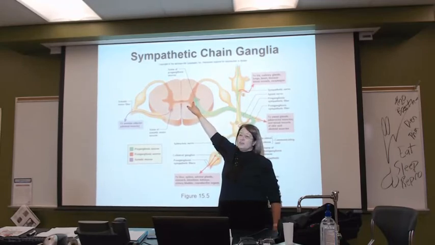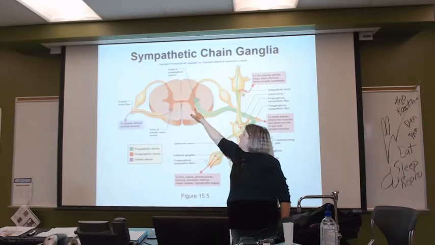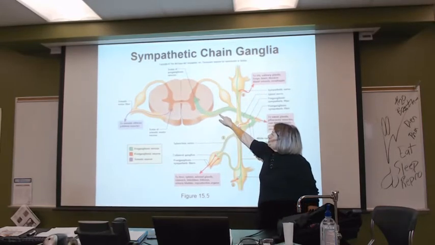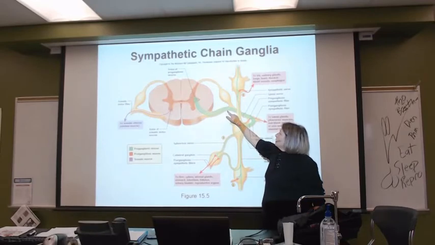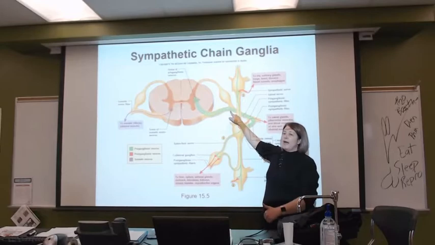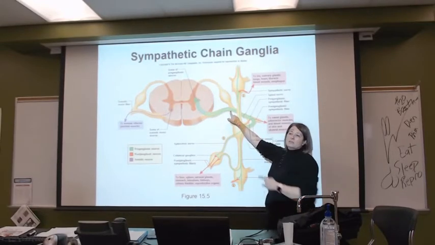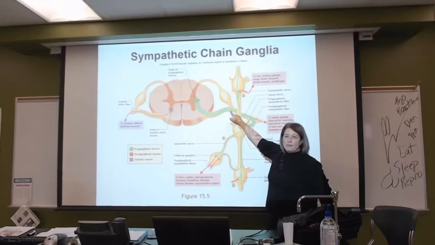So I'm going to take this very first one here at the bottom, and I'm just going to follow it. So that's my prefiber, my prefiber, my prefiber. It has now taken the route of my spinal nerve. Is everybody following me on that one?